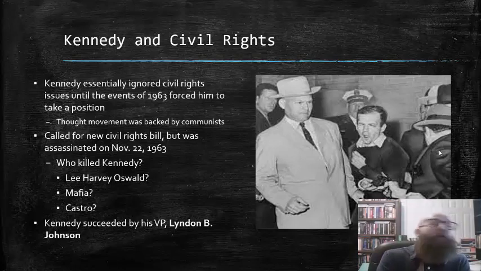So that gives a little bit of credence to the idea that perhaps Castro as well was attempting, like Kennedy was, to assassinate his biggest rival. The mystery is still a mystery. There has been no definitive answer to this question, although the official line is that Lee Harvey Oswald killed Kennedy and acted alone. Regardless, after Kennedy's assassination, he was succeeded by his vice president, Lyndon B. Johnson.